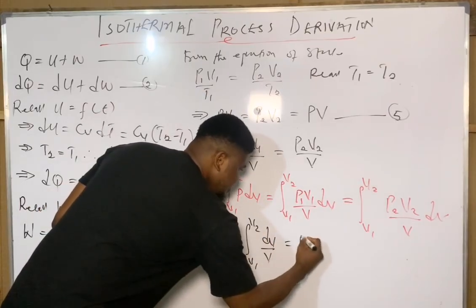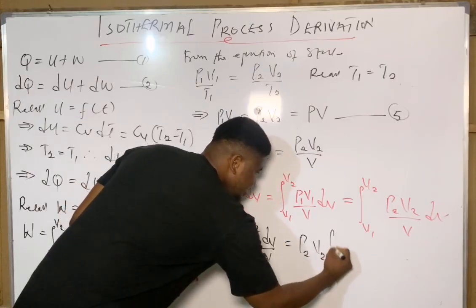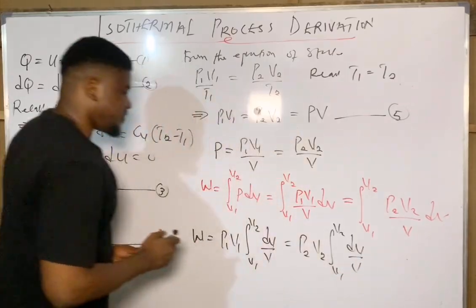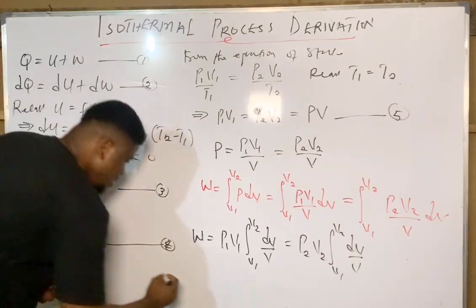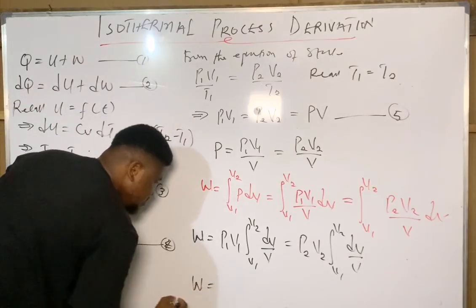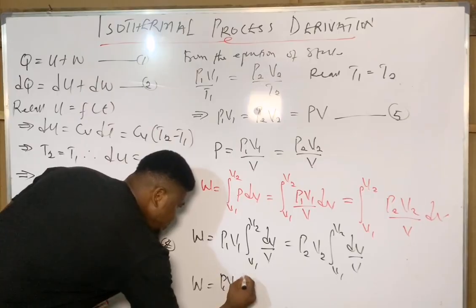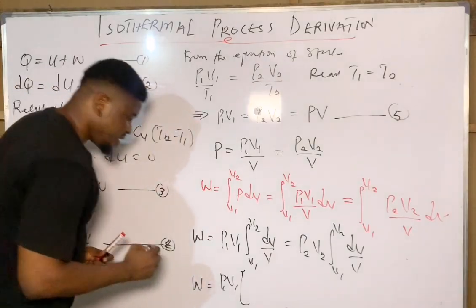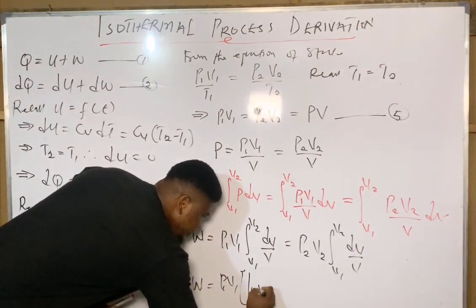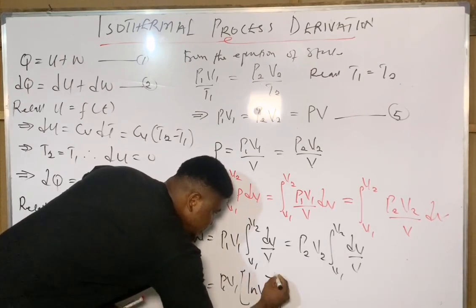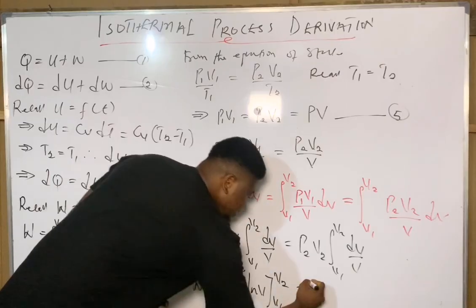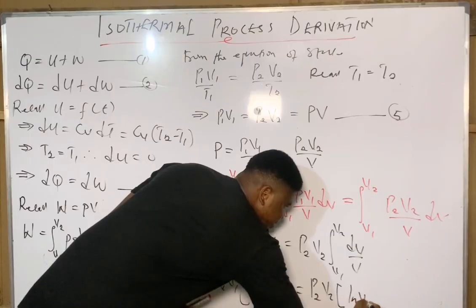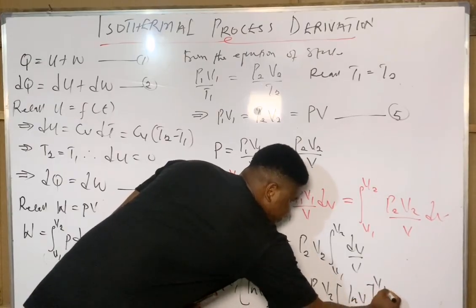The second case still remains P2 V2 times the integral from V1 to V2 of dV over V. So work done is now equal to P1 V1, and if I integrate 1 over V, I'm going to have ln V from V1 to V2. Same thing here: P2 V2 ln V from V1 to V2.